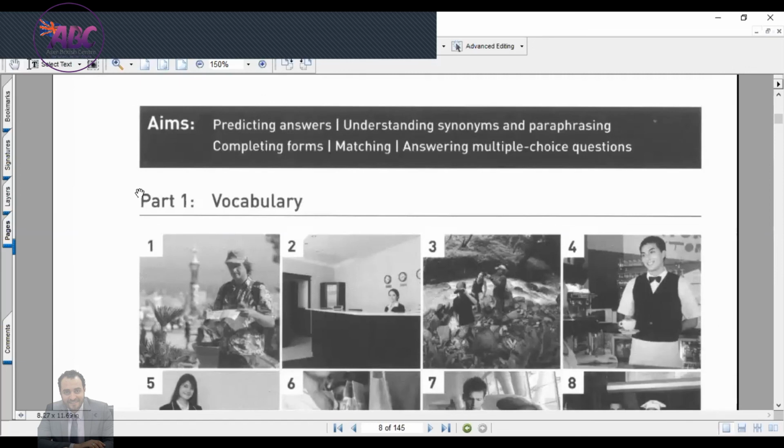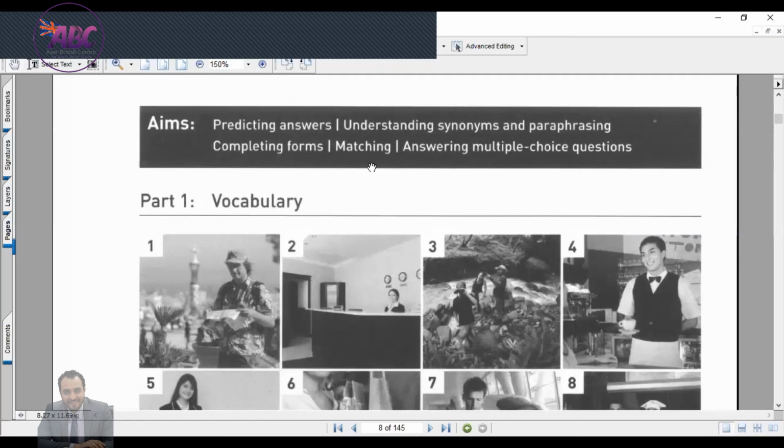You only have to read the aims of each unit. So this unit aims at predicting answers, understanding synonyms and phrasing, and completing forms, matching, and answering multiple choice questions. So in this unit, for example, I think I want to work on synonyms and paraphrase. So I'll go to this section here in the unit and work on it.